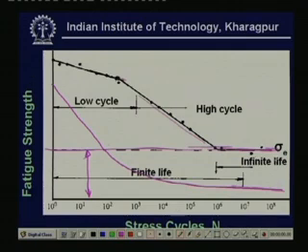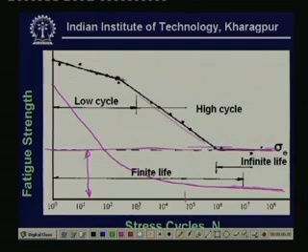However, it is not always that we go for infinite life design. We can also have a finite life design, where just by modeling these lines, we can find out the corresponding endurance limit corresponding to some cycles of our interest.